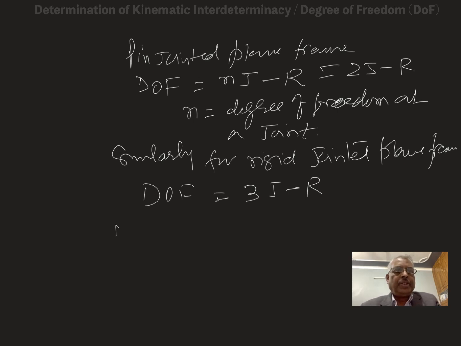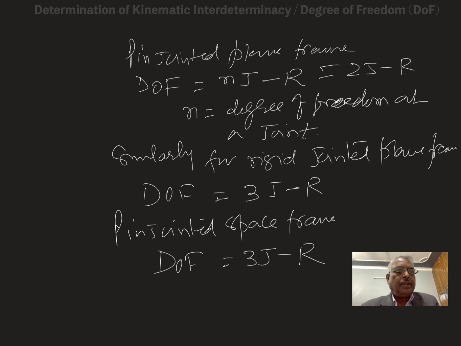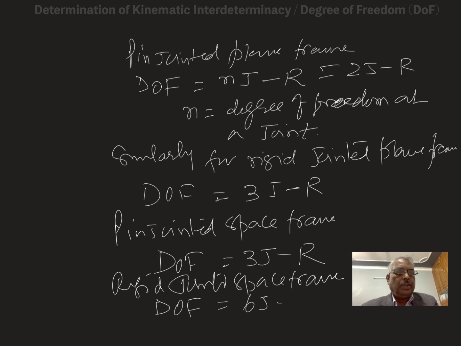For a pin jointed space frame, degree of freedom is equal to 3J minus R, or for a rigid jointed space frame, degree of freedom is equal to 6J minus R, because at one joint there will be 6 degrees of freedom.